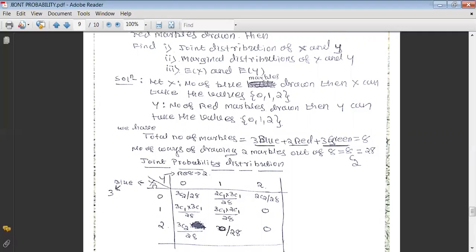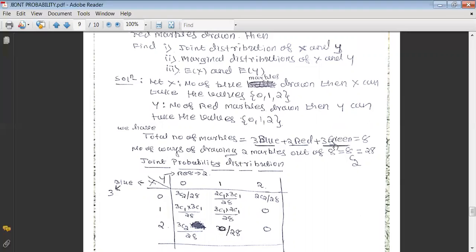When we say x takes the value 0 and y takes the value 0, means as we know, we are drawing two marbles. In those two marbles, there are no blue marbles and no red marbles. That means whatever the two marbles we draw, they must be green. And how many green are there?